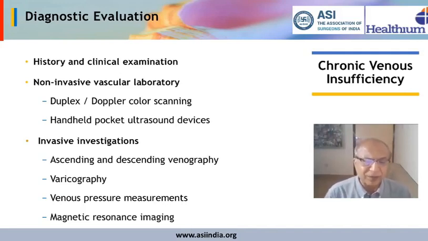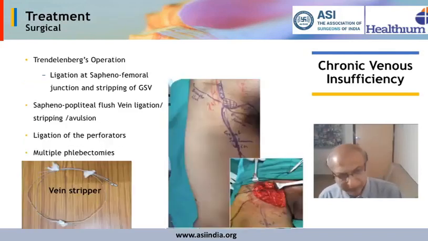Those are probably the subjects where, if you can puncture a vein, put a dye inside and take a photograph or a picture, it would help you to anatomically delineate varicose veins. Venous pressure measurements can be done by a similar transducer pattern put in the vein, and magnetic resonance imaging, putting a contrast, can also be done. Now let's come to the treatment.